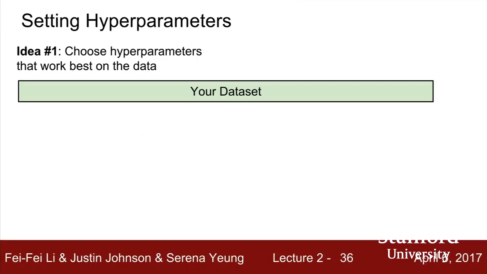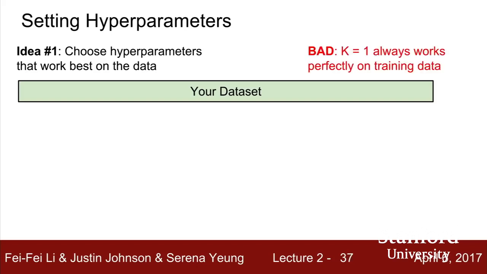Even this idea of trying out different values of hyperparameters and seeing what works best, there are many different choices here. What exactly does it mean to try hyperparameters and see what works best? Well, the first idea you might think of is simply choosing the hyperparameters that give you the best accuracy or best performance on your training data. This is actually a really terrible idea. You should never do this. In the concrete case of the nearest neighbor classifier, for example, if we set k equals 1, we will always classify the training data perfectly.